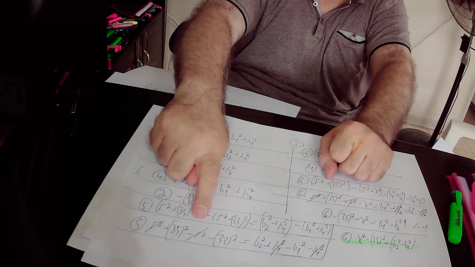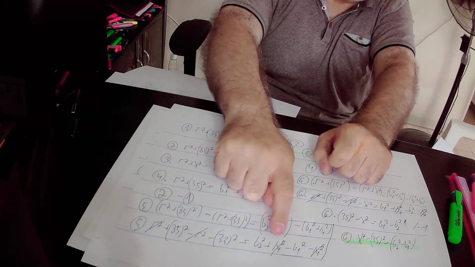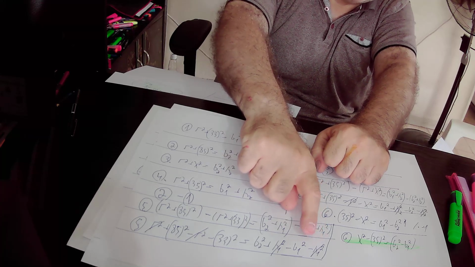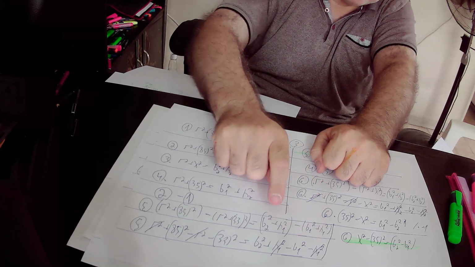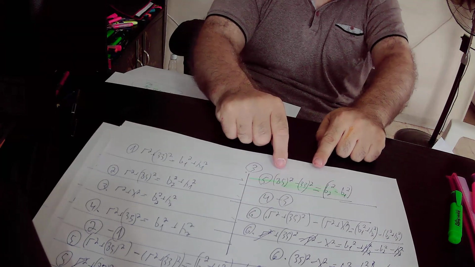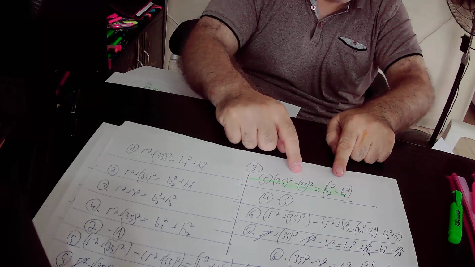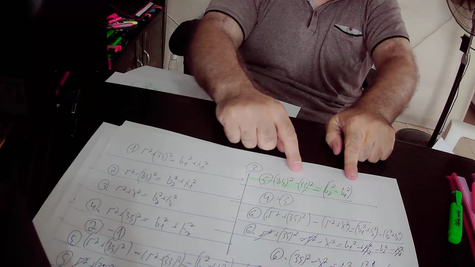R square minus r square is 0, so r square will get cancelled. H1 square minus H1 square is 0, so H1 square will also get cancelled, and we are left only in equation number 5 with 85 square minus 33 square equals B2 square minus B1 square.